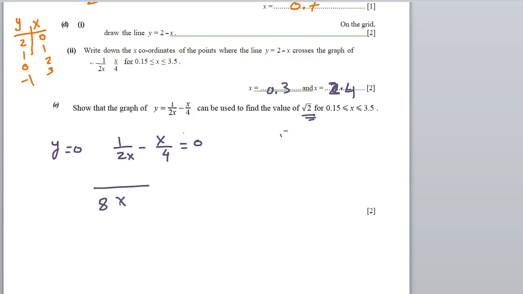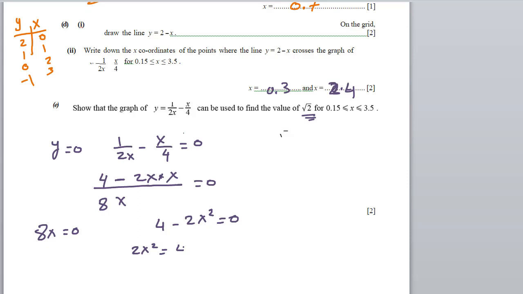So 8x here, now 4 minus 2x multiplied by x equal to 0. So 8x equal to 0, and 4 minus 2x squared is equal to 0.